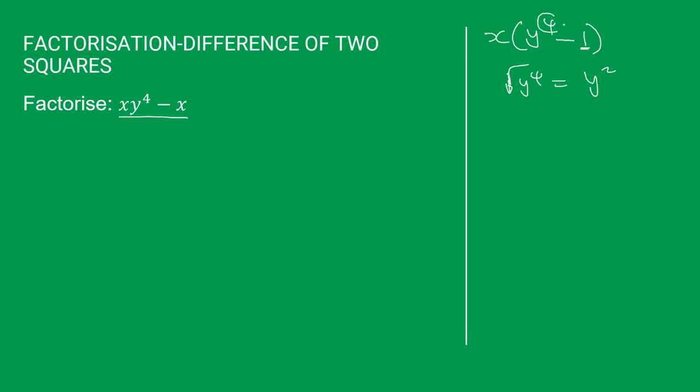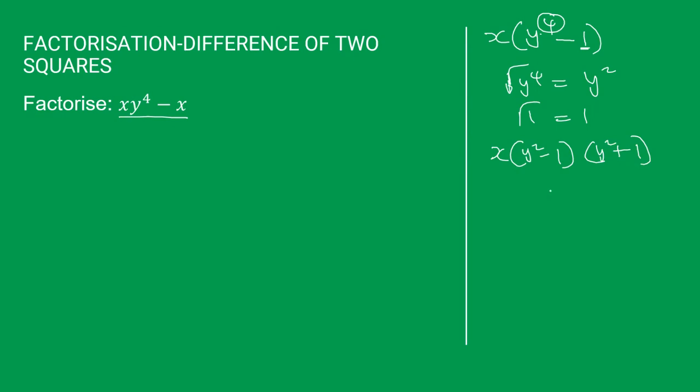Take note, to find the square root of a power with an even exponent, you just half the exponent. Square root of 1 is equal to 1. So it means we have x, and then minus, plus. So we have y squared minus 1, then y squared plus 1.